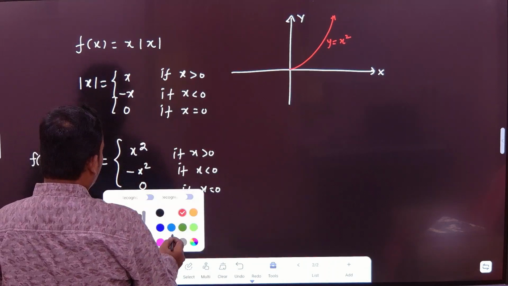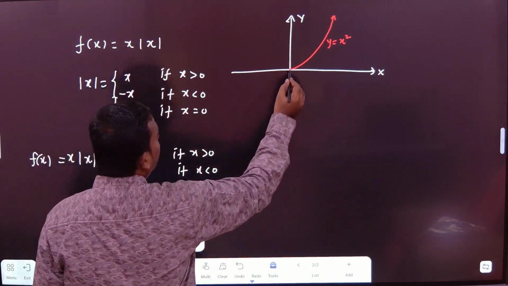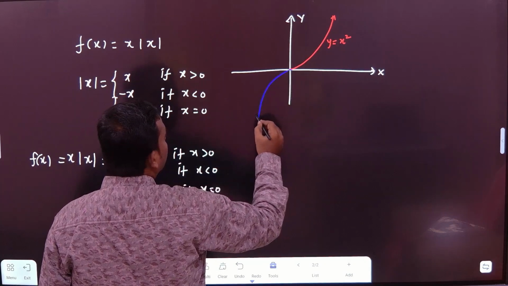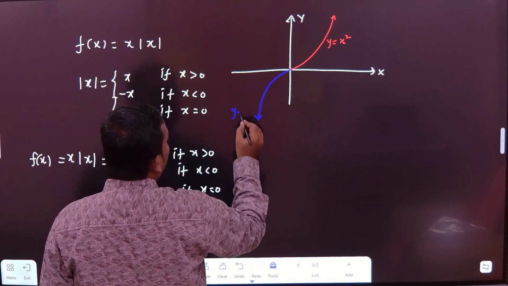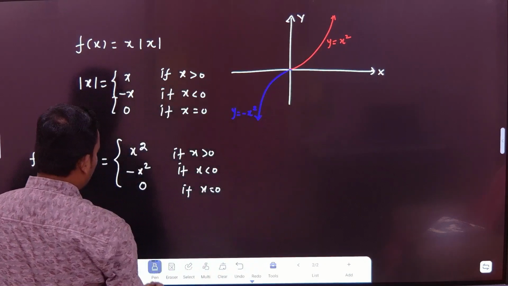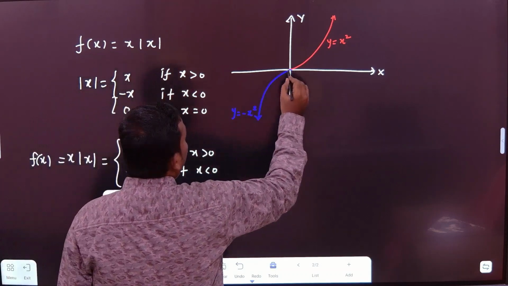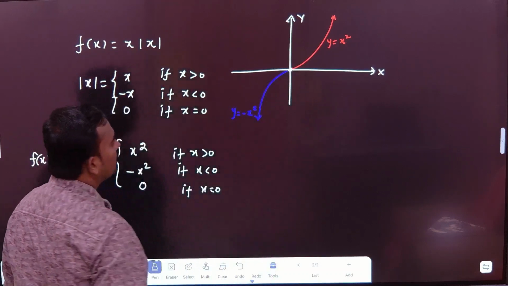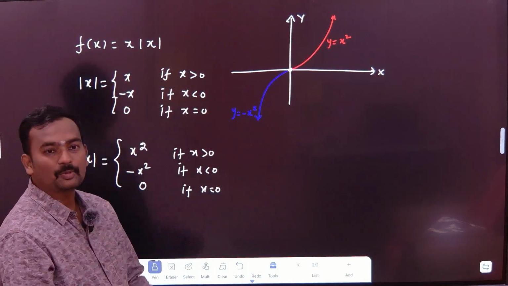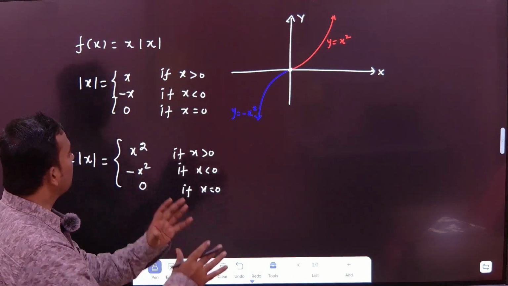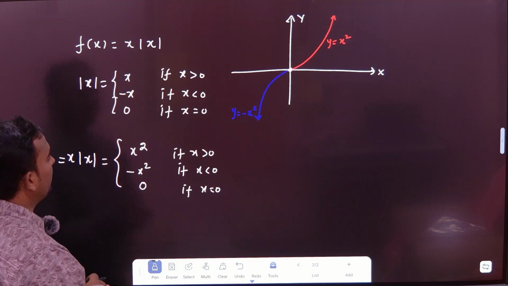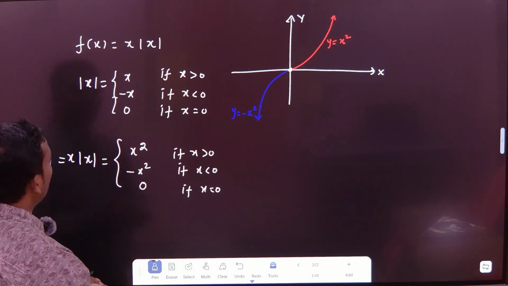When x is negative, you can see this is your graph, y is equal to minus x square. When x equal to 0, y is 0. This is your x times mod x graph. I think everyone can understand this one, right? Okay, let me start with the second graph.